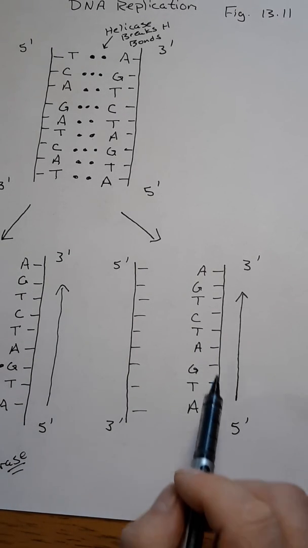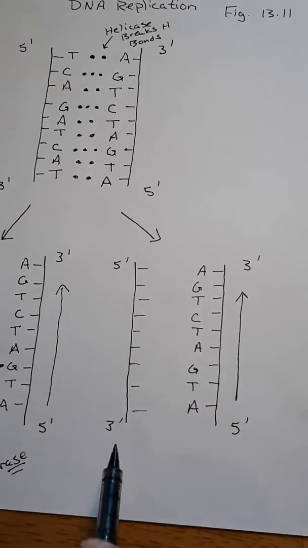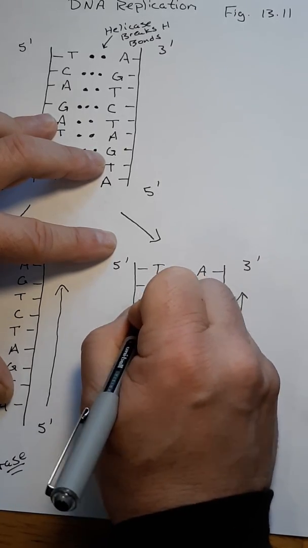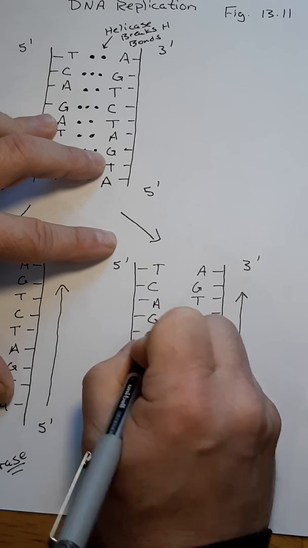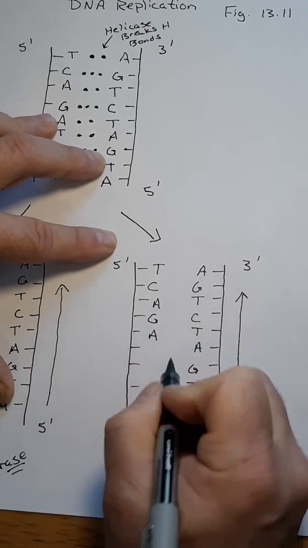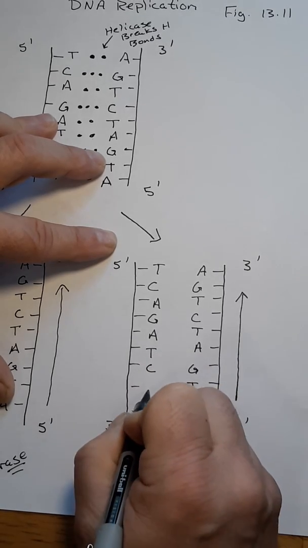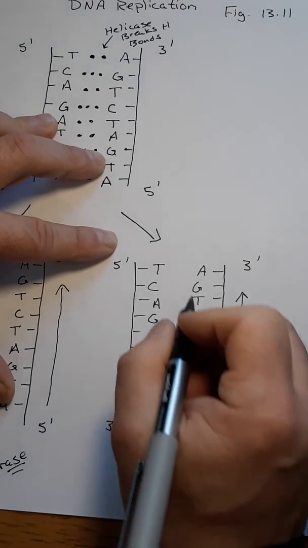So we're going to read 3' to 5'. We're going to build 5' to 3'. Adenine combines with thymine, guanine with cytosine, adenine and thymine, and so on and so forth. Hopefully you're kind of getting comfortable now with recognizing these complementary base pairs.